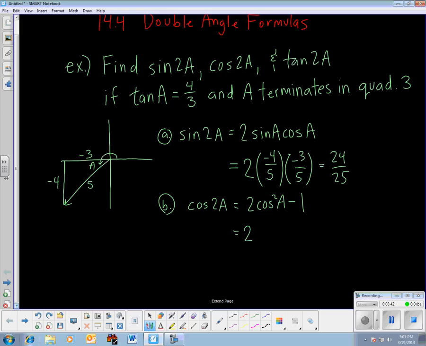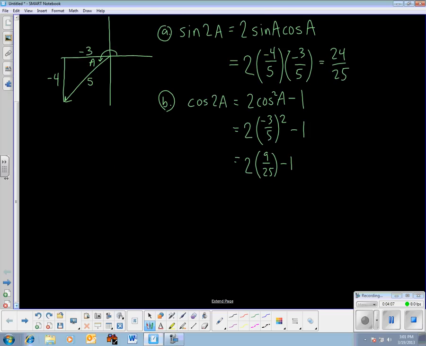Okay, so 2 cosine squared A. I've already determined that the cosine is -3/5. I'm going to square that. Remember that squared after cosine before A means to take the cosine of A and then square it. So this is 2 times the quantity -3/5 squared, which is 9/25, minus 1.